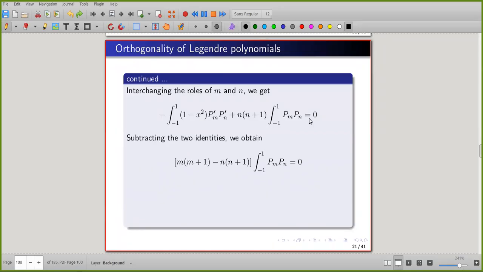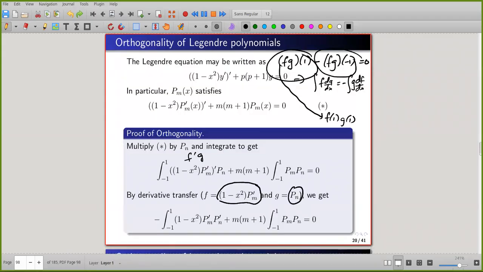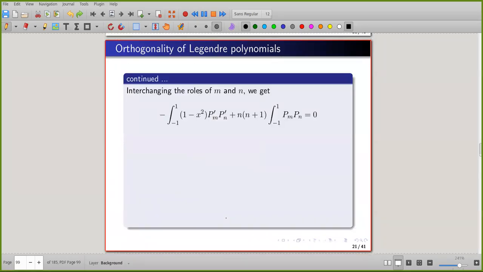Subtracting the two sides, notice that this equation tells us that this object is equal to minus of this object. And the next equation is saying that this object, which is the same as the first term in the previous slide, is equal to this thing. So subtracting this, we have this.